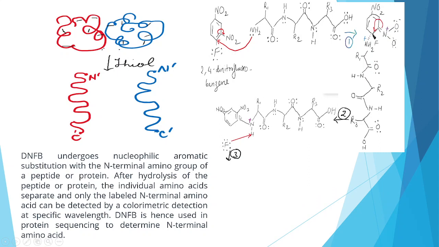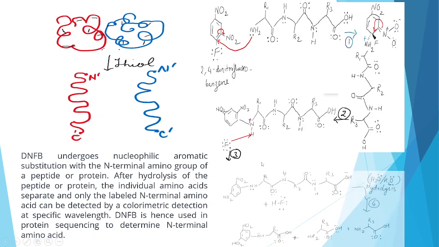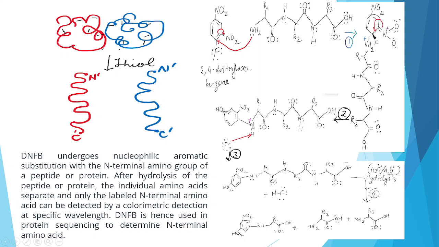Now, the final structure is like this. ये डाइनाइट्रोबेंजीन है और वो NH ग्रुप से जुड़ गया है while F is out. Then this F again attacks the hydrogen of this NH, and as a result of which this derivative is formed, and this is yellow in color.